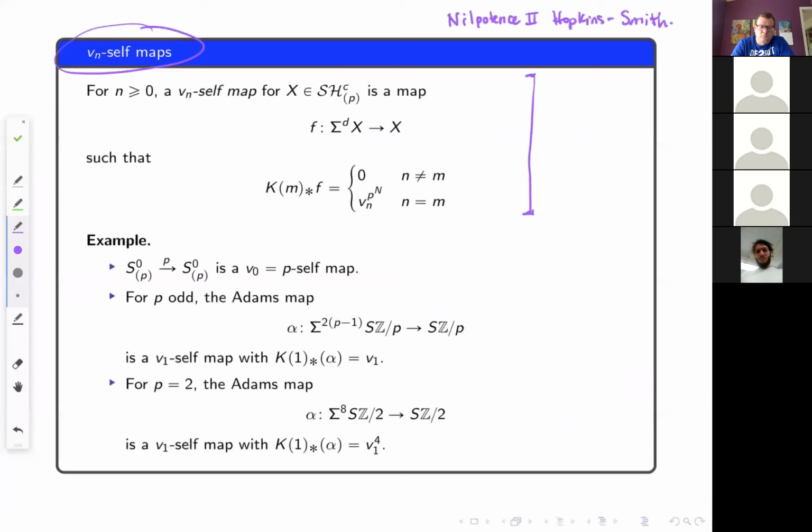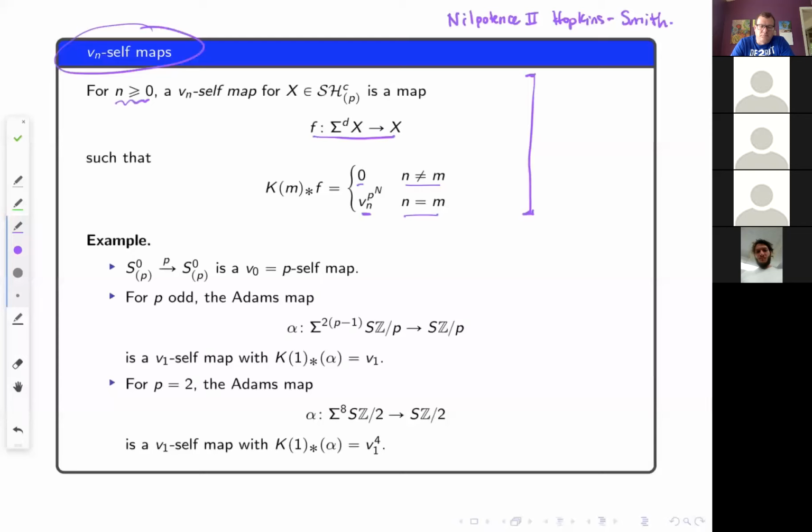So here we go. You have n bigger than 0. We're going to say that a Vn self-map for x is a self-map with the property that its K(m) homology is 0 if n is not m, and it's multiplication by some prime power of Vn if n is equal to m.